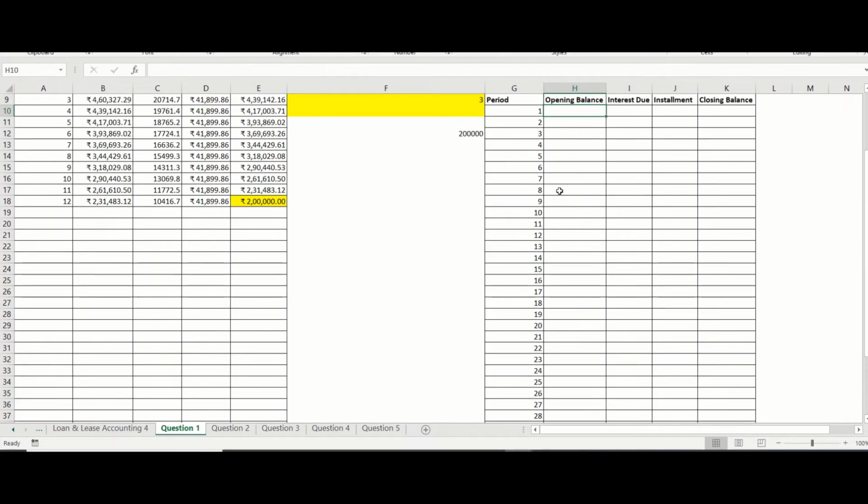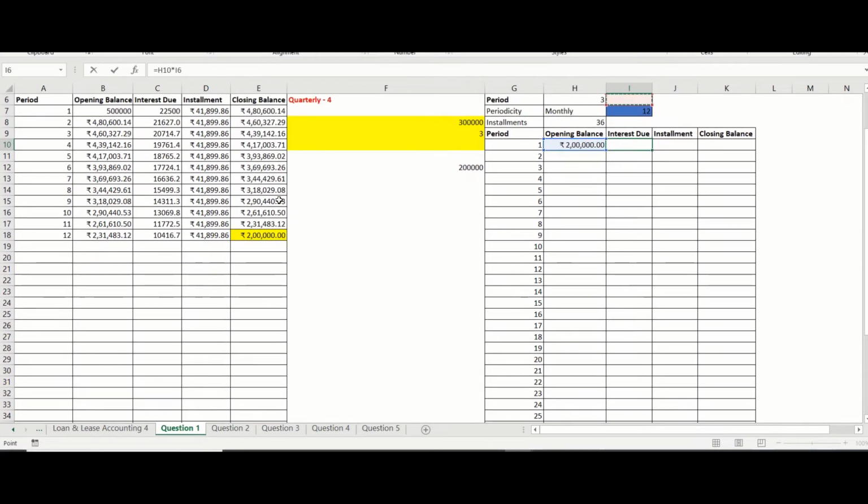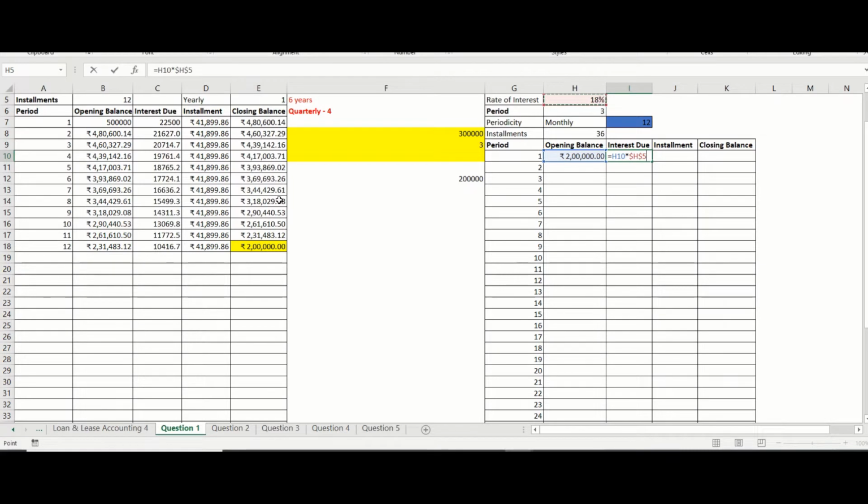What will be my opening balance? My opening balance is actually this, right? Interest is opening balance multiplied by, what is the rate? 18%. I fix it, divided by the periodicity, which is 12. I drag it over.